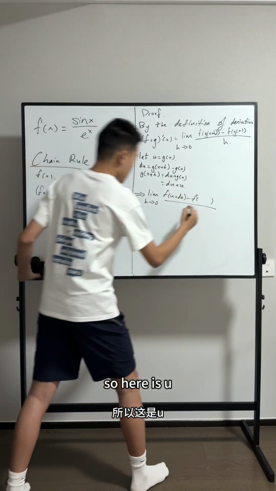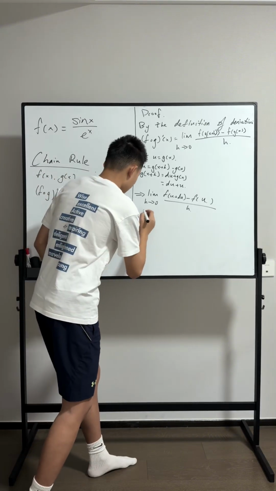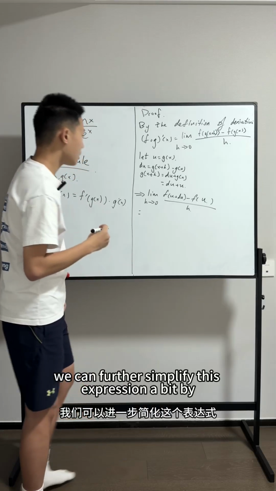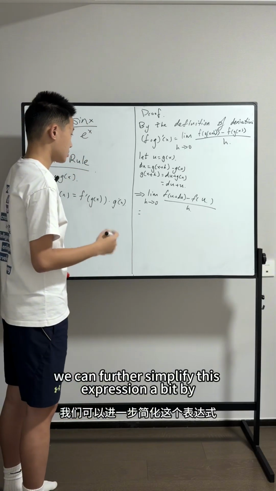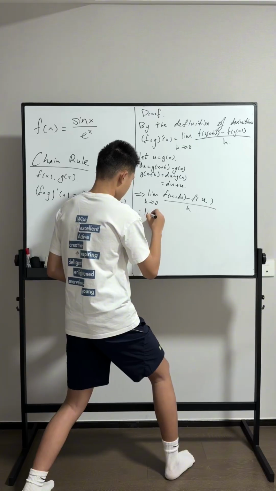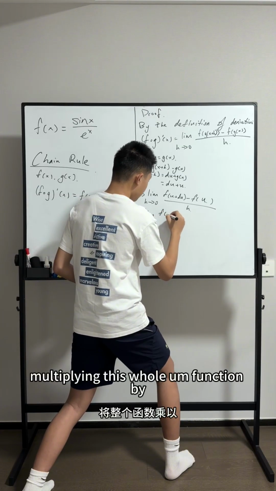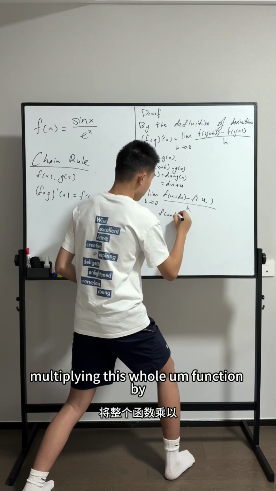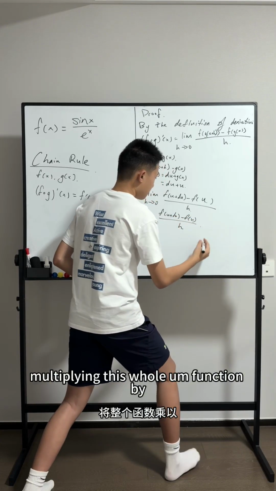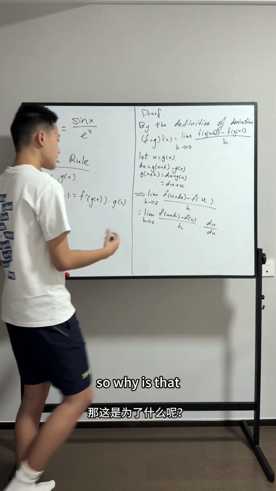Okay, so here is u. Now we can further simplify this expression a bit by multiplying this whole function by du over du. So why is that?